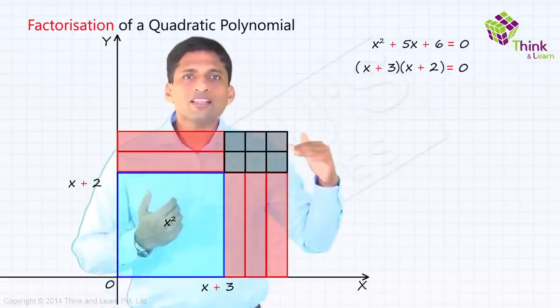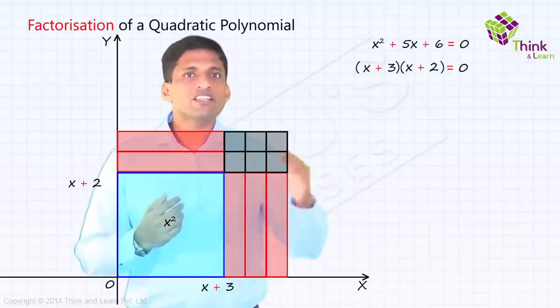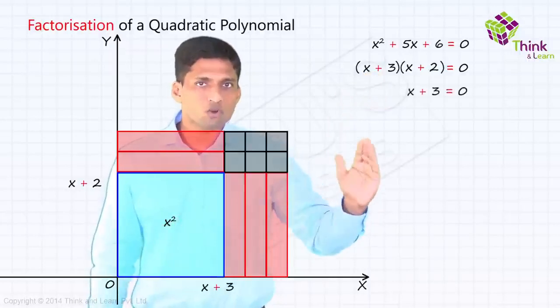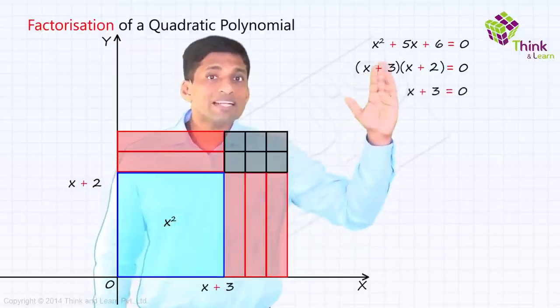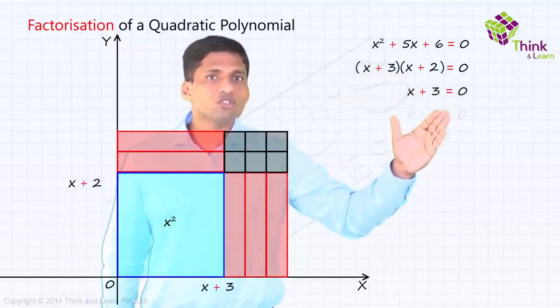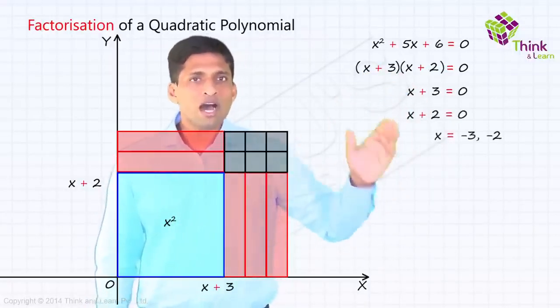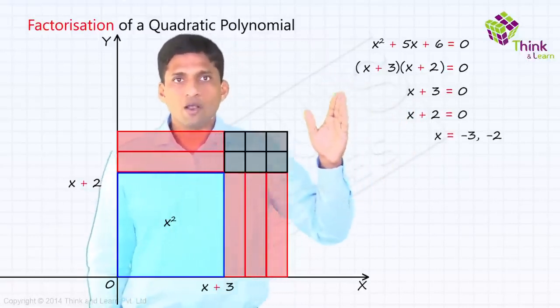So you can make the area of this rectangle 0 either by making length equal to 0, that is x plus 3 equal to 0 or x equal to minus 3, or by making breadth equal to 0, which is x plus 2 equal to 0, where x will be equal to minus 2. So minus 3 and minus 2 are the roots of this quadratic equation.